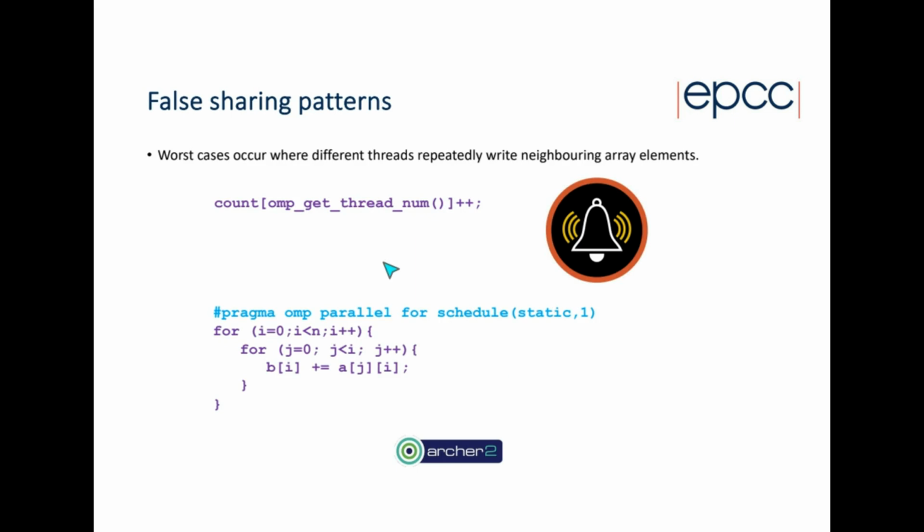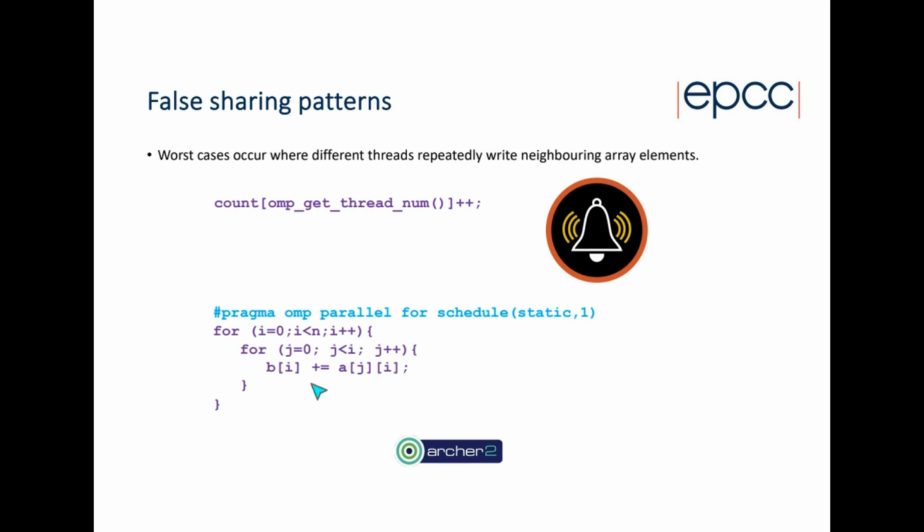The worst kind of patterns occur where you have different threads repeatedly writing to neighboring array elements. So, for example, if I wanted a shared array that I use to count something on every thread, so I would have a shared array indexed by my thread number and incremented frequently, then that would cause exactly that sort of problem.